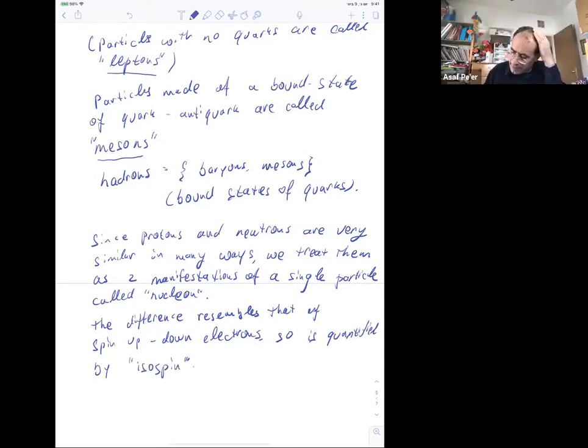In fact, the mathematical structure of isospin is identical to the mathematical structure of spin when we describe it.